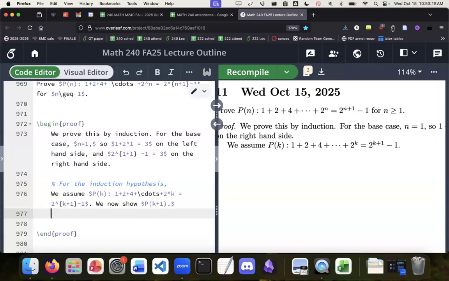So the solution here is to add 2 to the K plus 1 to both sides and then work out on the right-hand side of P of K. So we add 2 to the K plus 1.